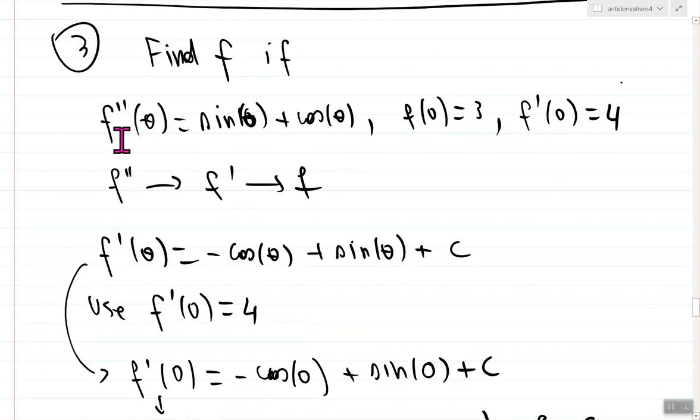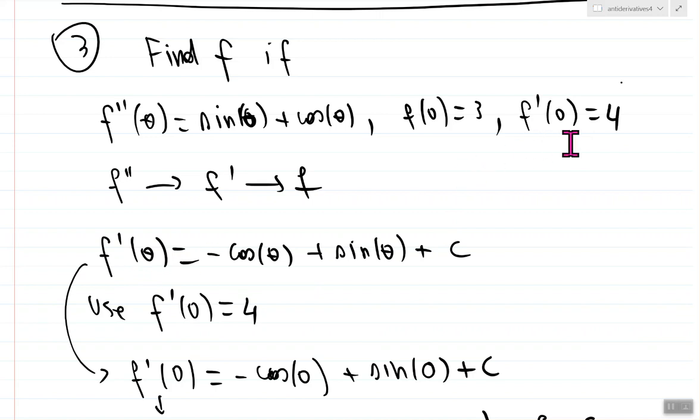When we take the antiderivative of f double prime, it gives us f prime of theta. We know the antiderivative of sine theta is negative cosine theta, plus the antiderivative of cosine theta, which is sine theta, and then plus c. Then we use the condition f prime of 0 is 4, because we have f prime of theta.